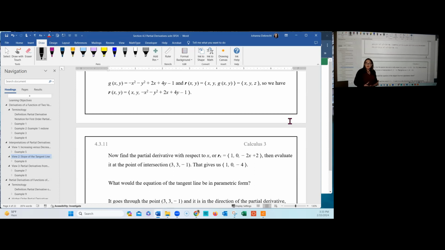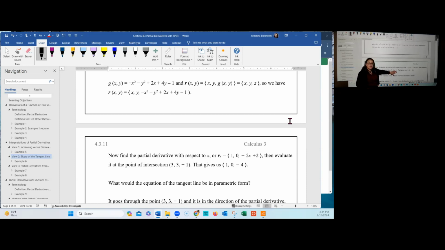To give the equation of the tangent line, I need a vector in that direction and a point. I already have the point (3, 3, -1), but I need a direction vector. This vector valued function, the partial derivative of it with respect to x, will enable me to calculate what that vector's direction is at the point (3, 3, -1).